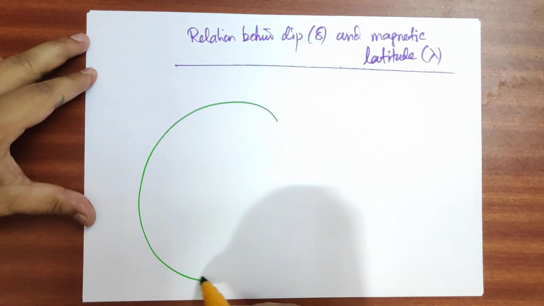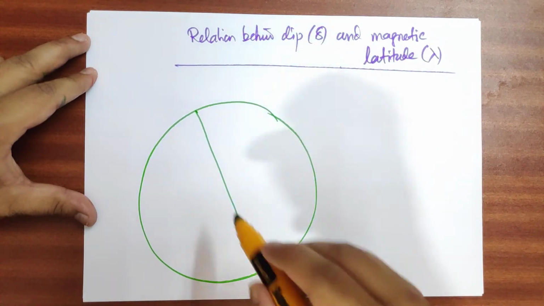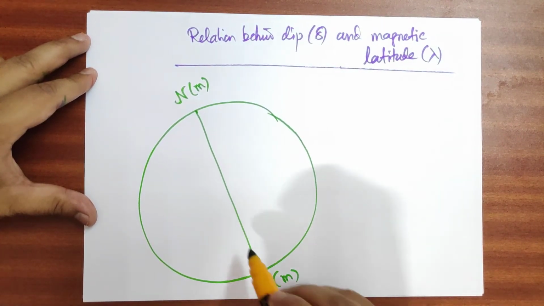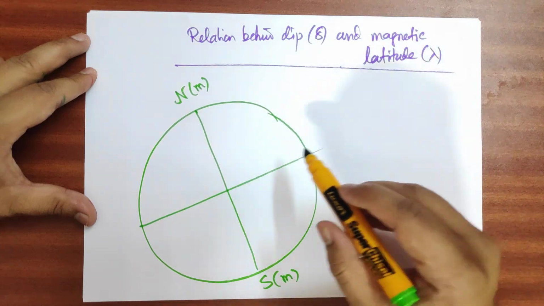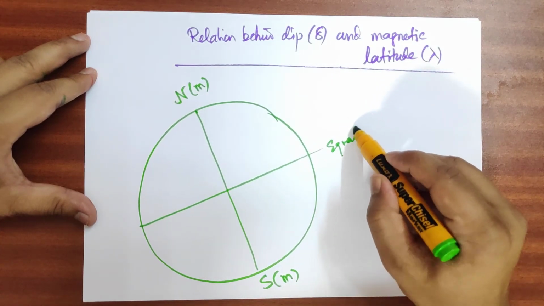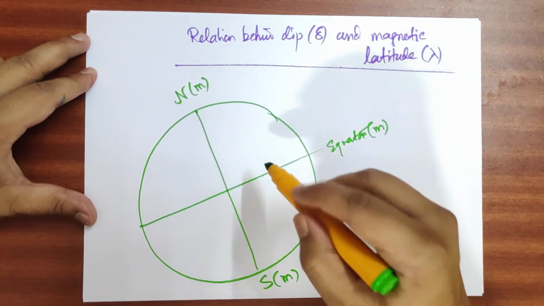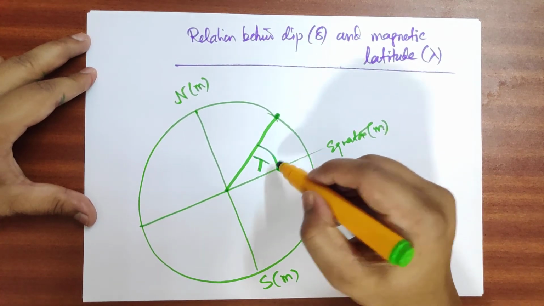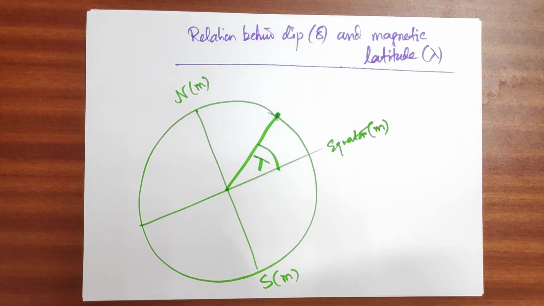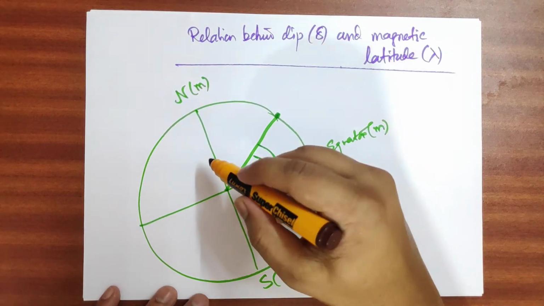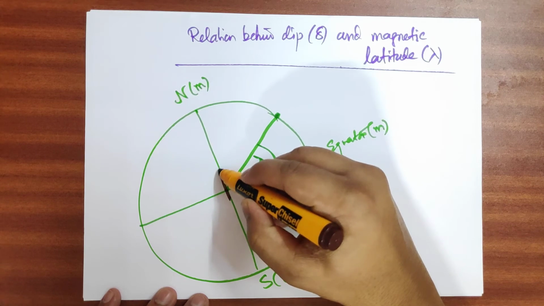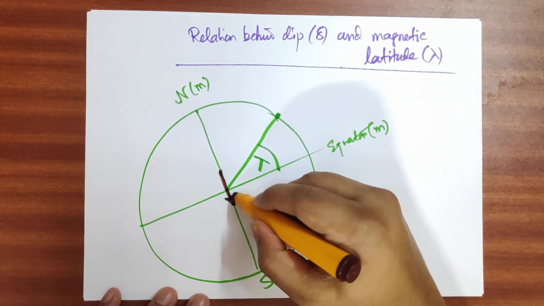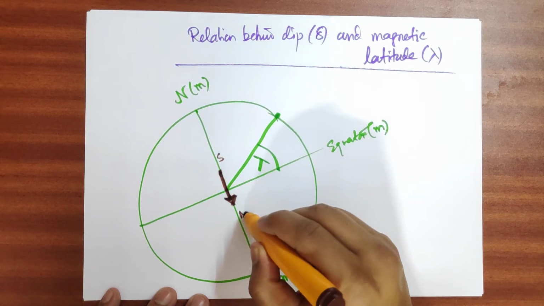Say this is the Earth, this is the north pole, of course magnetic, south pole, of course magnetic, this is the magnetic equator. So write equator bracket M for magnetic, and there is a point, this is the magnetic latitude lambda, and here, as I told you, the model is like there is a magnetic needle having magnetic moment this way, south pole here and north pole here.